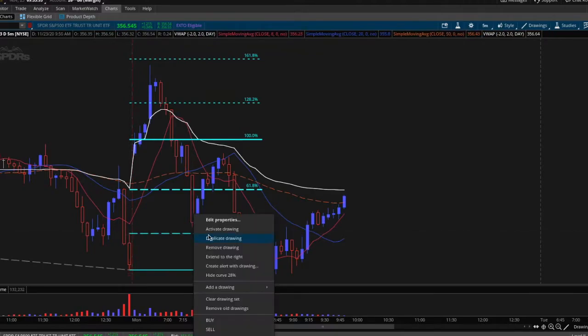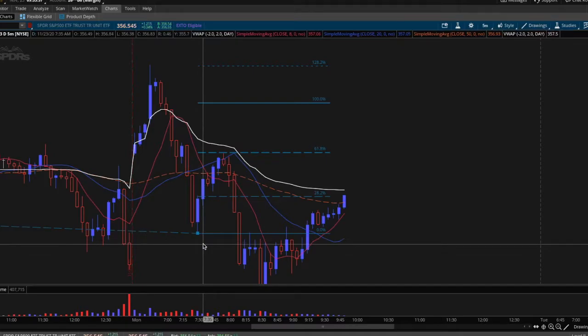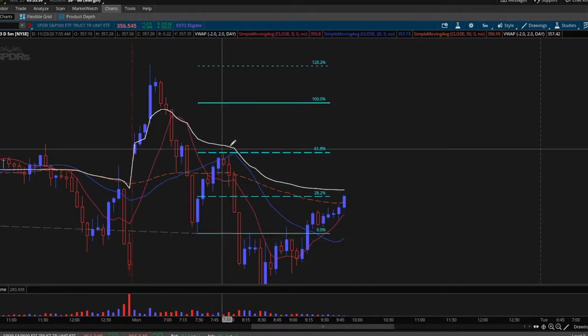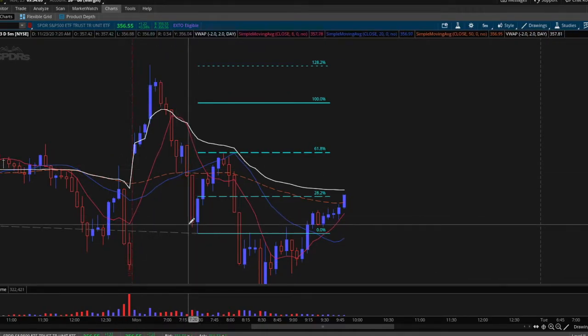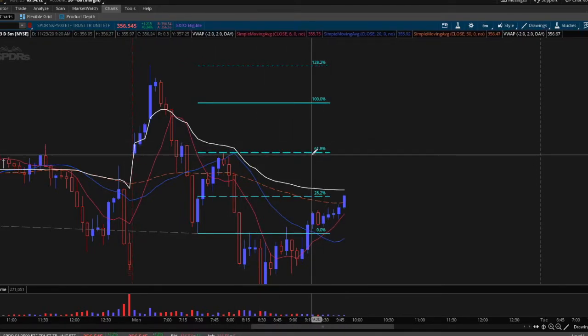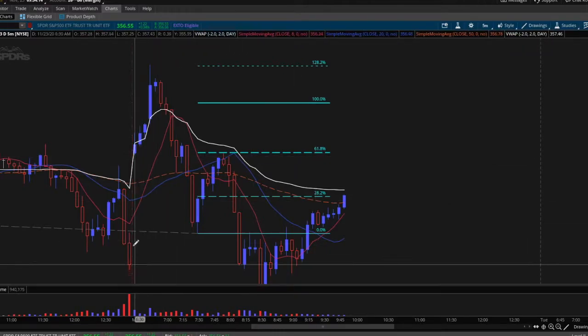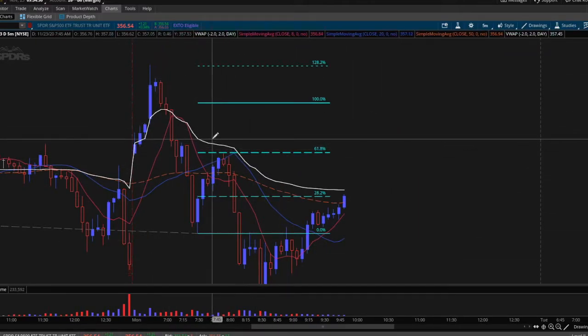So that's our new low. So we're going to activate our drawing and move it off that low. Now you can see we only make the 618. So this whole thing may kind of look like a bull trap, just to trap in buyers. And now you can see we're finding serious resistance on the 618 extension of our previous upward swing. So all these things can tell you that a short setup could be in play.